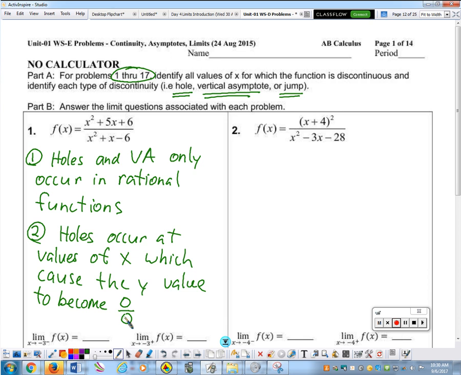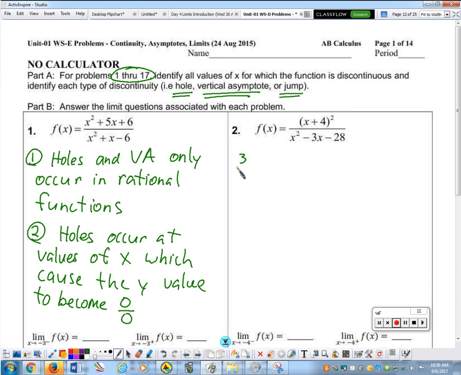Remember, a function is just a list of x and y pairs. So a hole occurs when you get a value of x which causes the y to become 0 divided by 0. We'll do an example here in a second. Pretty good with that. Okay, next thing.